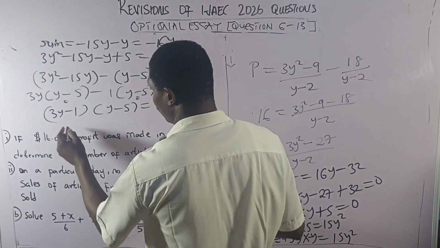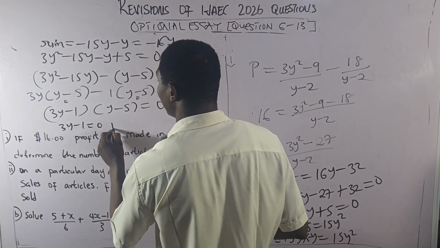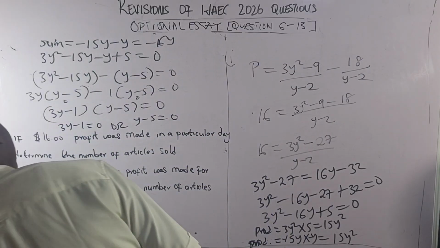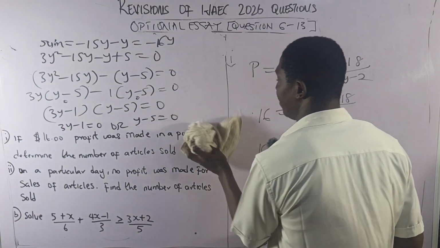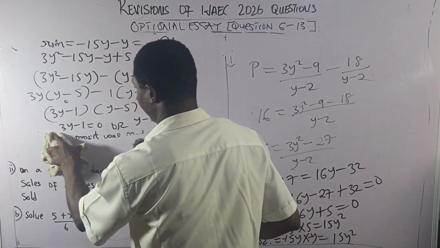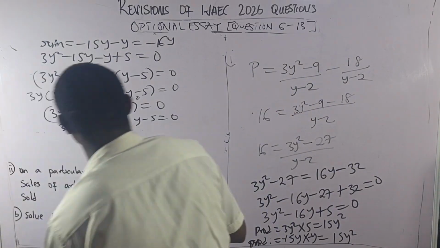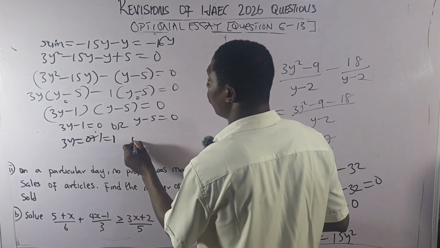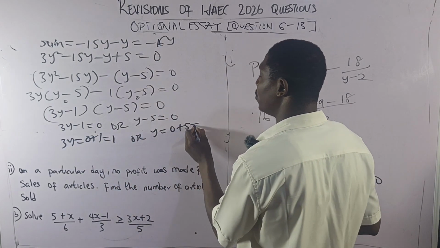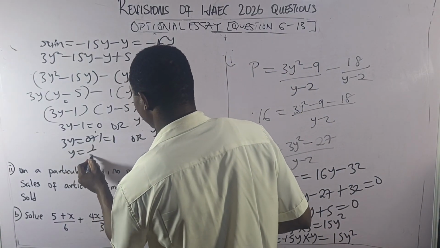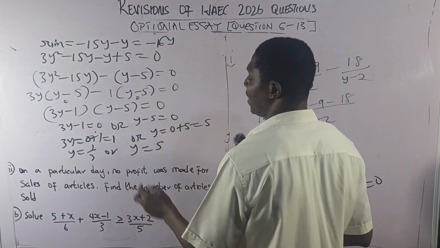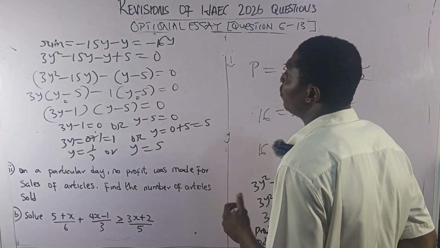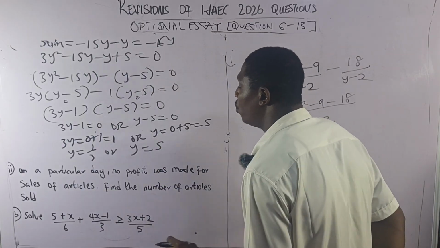Now using the zero product rule, I have 3y minus 1 equals 0, or y minus 5 equals 0. Remember, we are looking for the number of articles, which is represented by y. Therefore 3y equals 1, or y equals 5, so y equals 1 over 3, or y equals 5. We discard the fraction 1 over 3, because the number of articles ought to be a whole number.